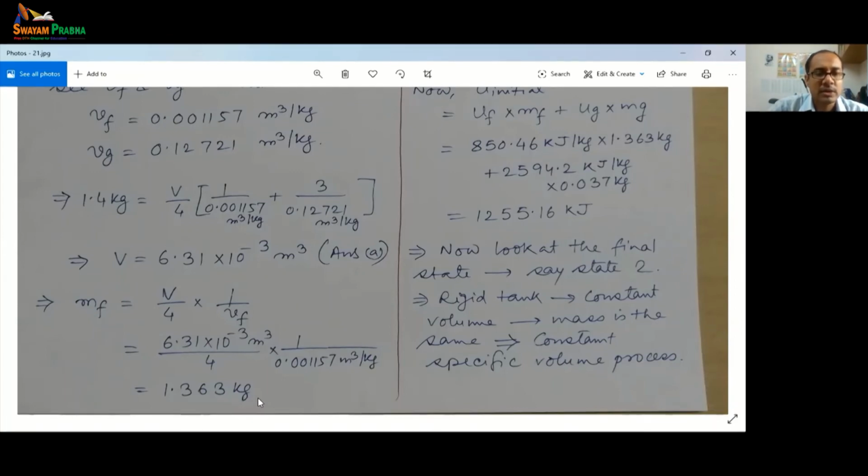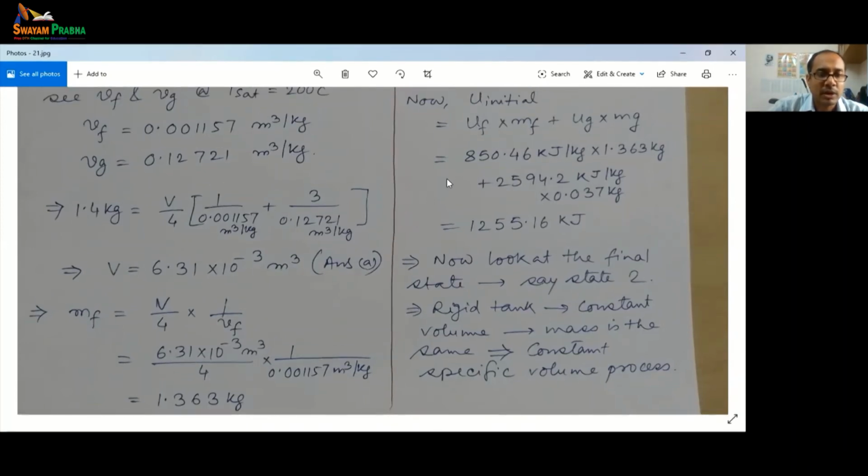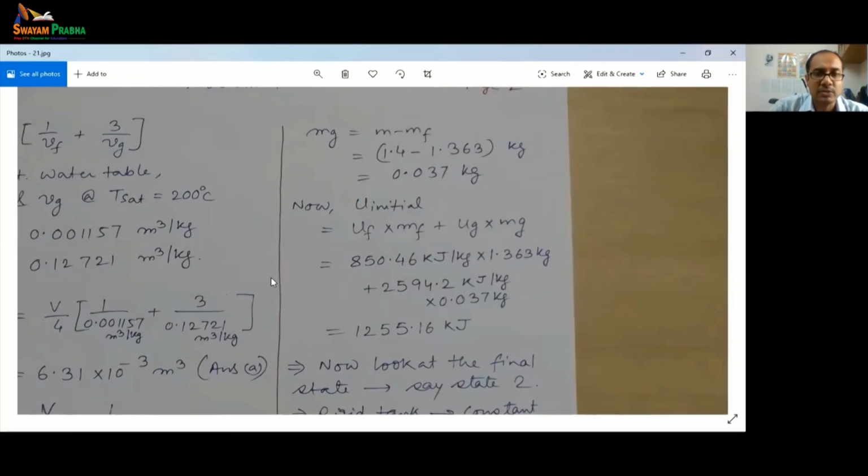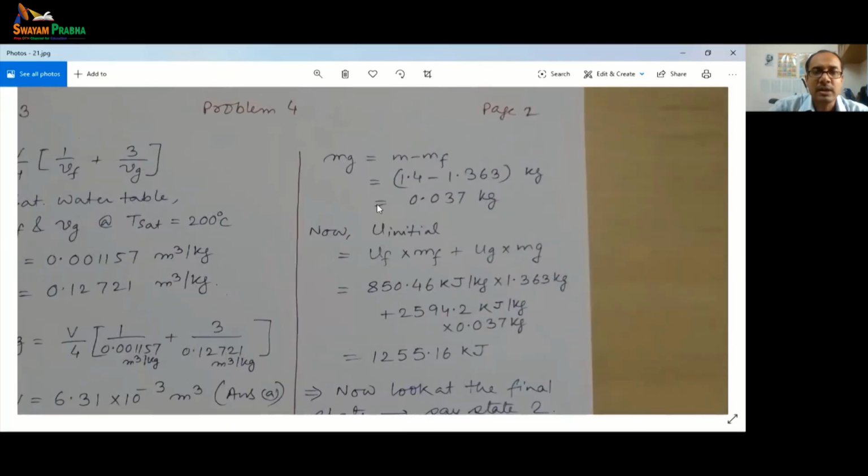So only a very small portion out of 1.4 kg is vapor, but it occupies 3/4 of the volume. Mass-wise, fluid is the maximum, 1.363 kg, and it occupies 1/4 of the volume. If you deduct this from the total mass, m minus mf, you get 0.037 kg, which is the mass of vapor in the initial condition.